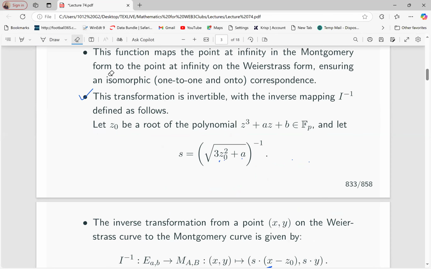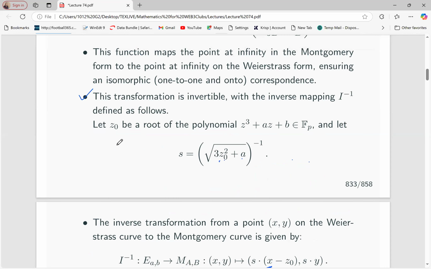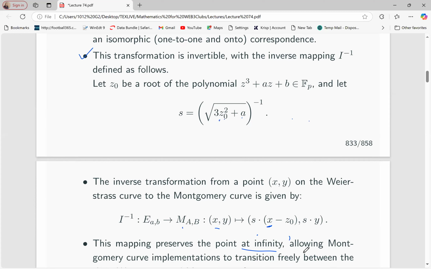Now, what about if you're given the short Weierstrass and you want to convert to Montgomery? What are you giving it? You're giving it the formula for finding S, and then the formula for finding the new point.